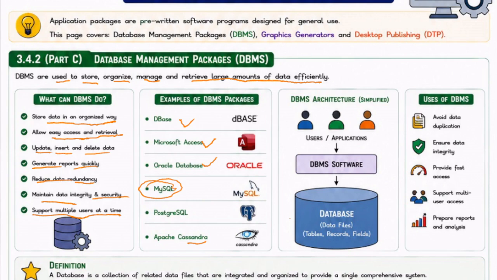It's beyond organizing your files, which is what a file manager allows you to do. Also, it's beyond access, retrieval and modification of files. Your file manager cannot generate reports or reduce data redundancy. You just store your data and it just sits there in your file manager.